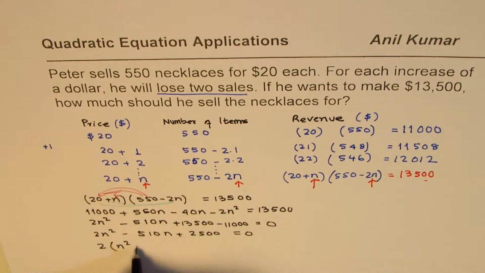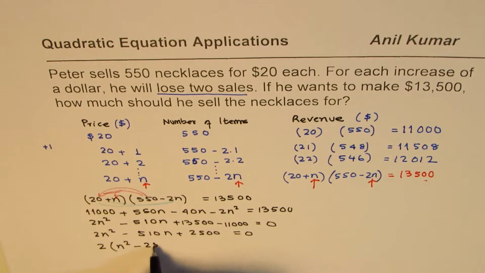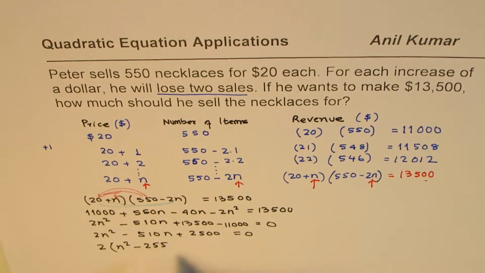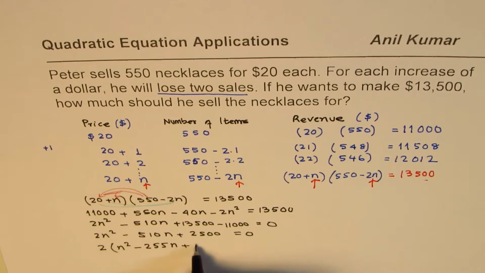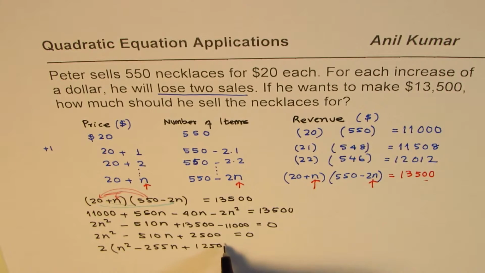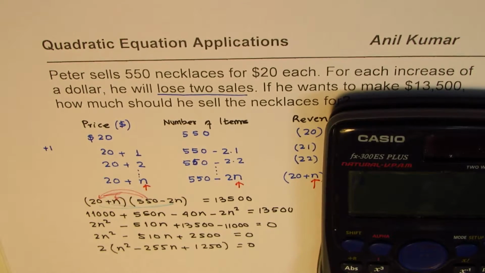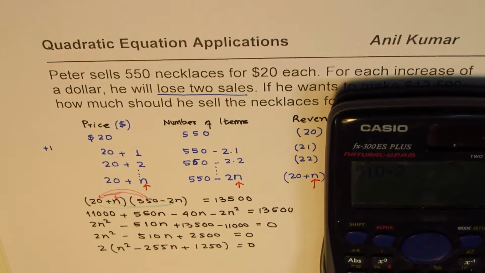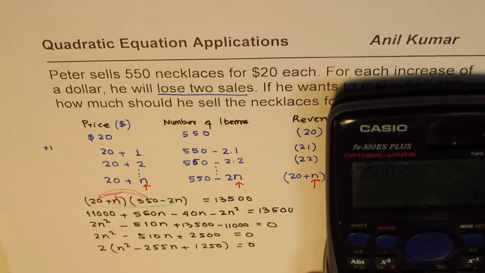So we have n square minus 255n plus 1,250 equals 0. So that is what you get, correct? So let's confirm. 510 divided by 2 is 255, and 2,500 divided by 2 is 1,250.